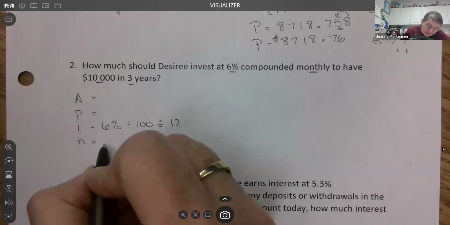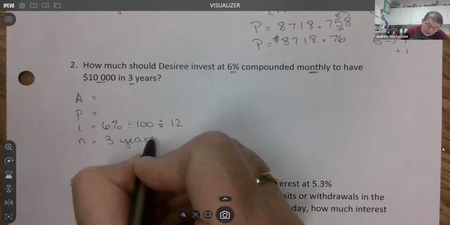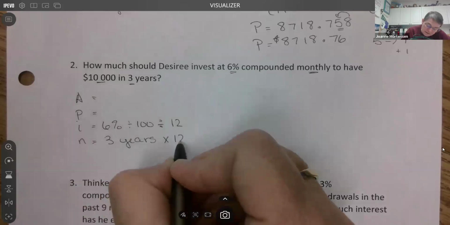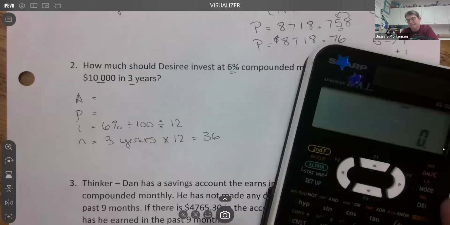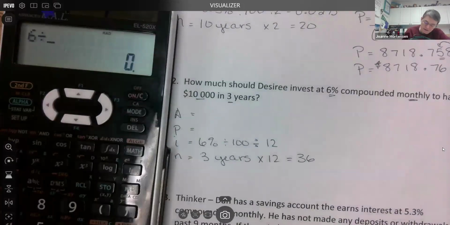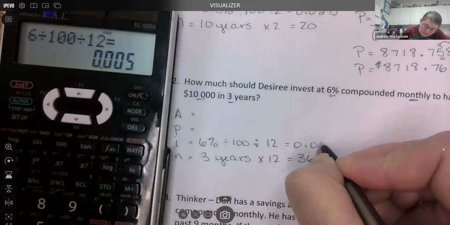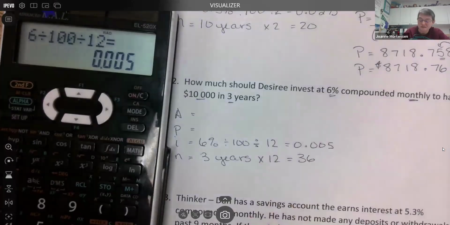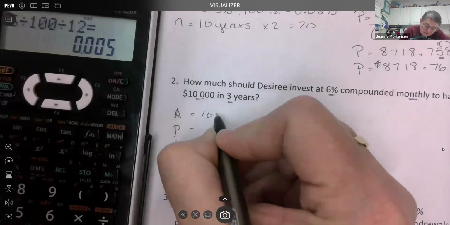And then I got 3 years times 12. I know that's 36. 6 divided by 100 divided by 12 is 0.005. I knew it was a 5, but I wasn't sure how many zeros were in front, so I just used my calculator.